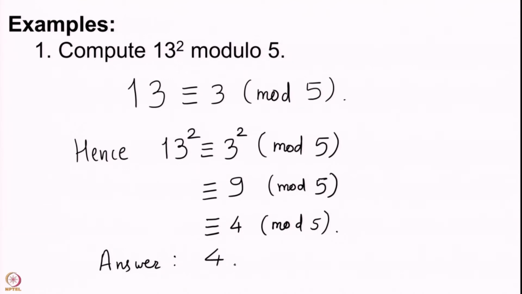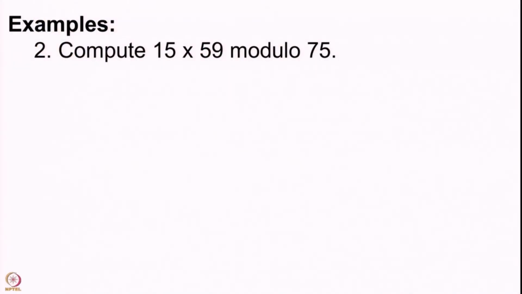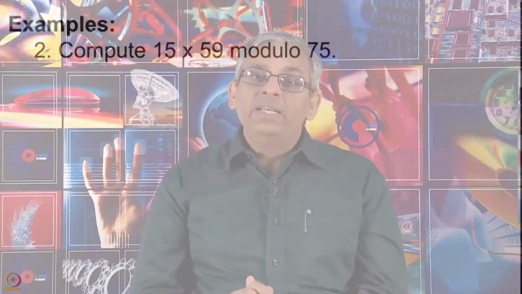Quite easy. So, let us go and do some more problems. Second problem is slightly difficult. It says compute 15 into 59 modulo 75. So, now earlier we had the arithmetic modulo 5, we had only 5 numbers 0, 1, 2, 3, 4, and we wanted to take square of one of those and again get the answer to be equal to one of those.